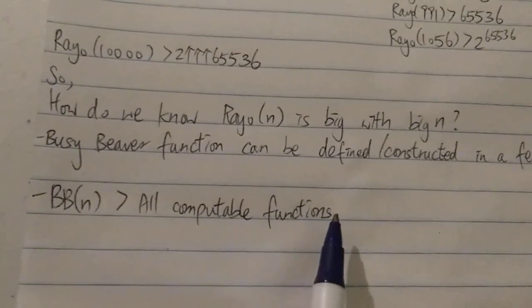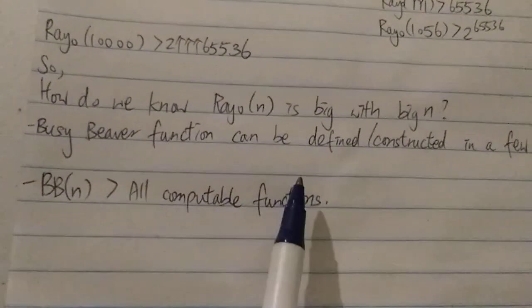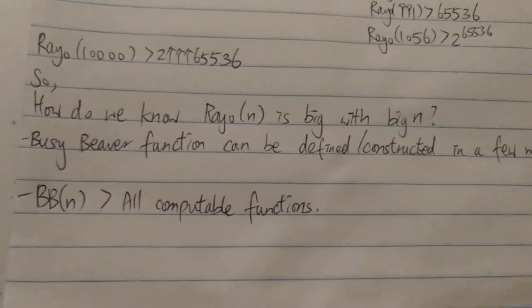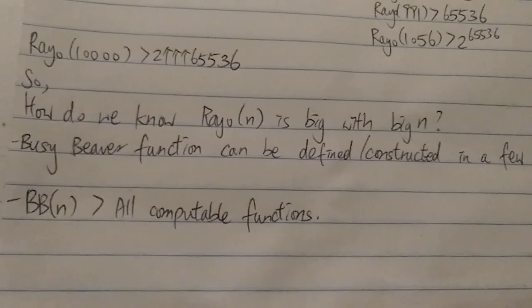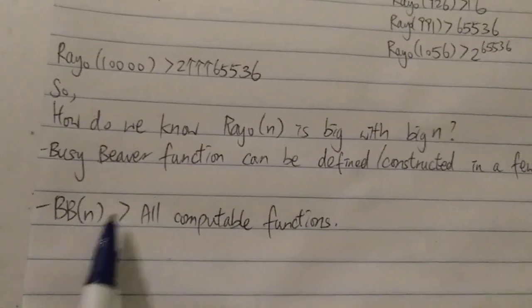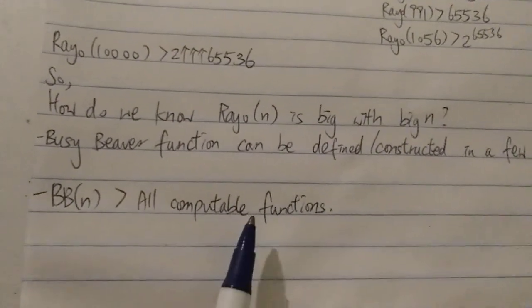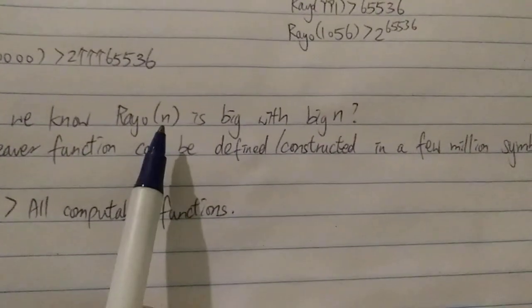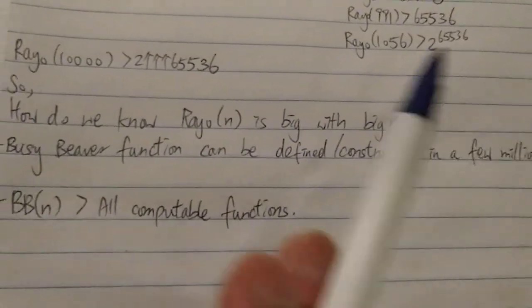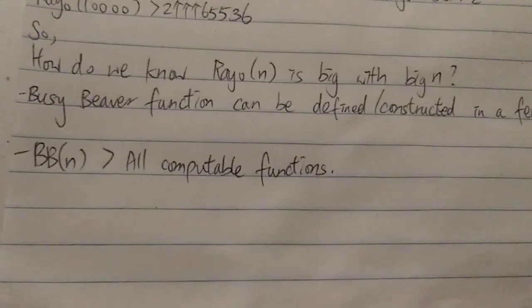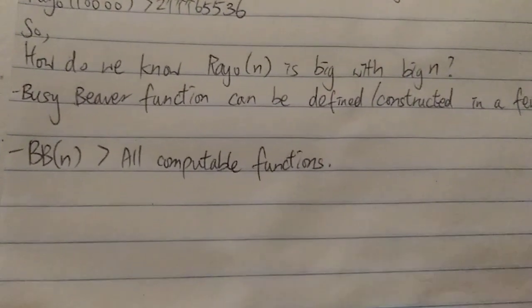And this is basically the reason, because if you can define a function with a few million symbols using the first order set theory, since that is how the busy beaver function is defined, that means if N is bigger than a few million, you can already create a function that grows faster than any computable function.